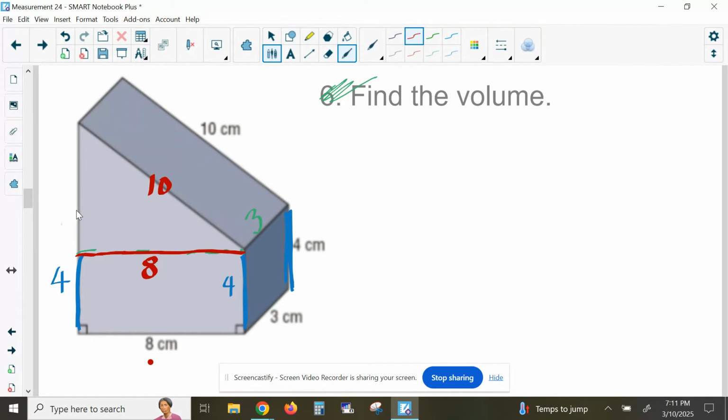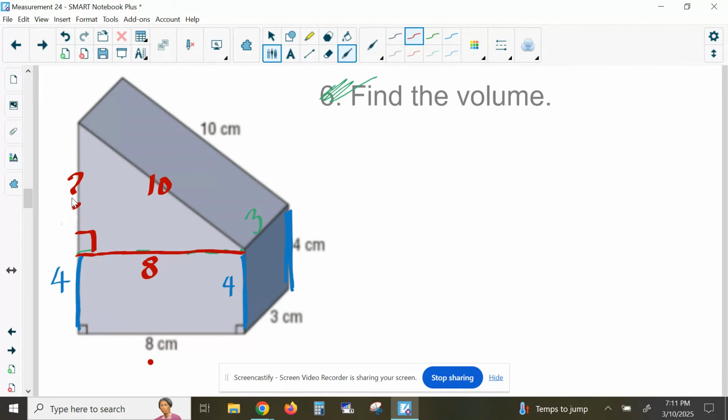The problem is we don't have this side over here, because there's nothing that says how tall it is over here. Sometimes I like to look at the opposite side and see if I have a number, but I don't have a number right here. But if you'll notice, what kind of triangle is this right here? So since you have this side and that side, how can we find a missing side on a triangle?